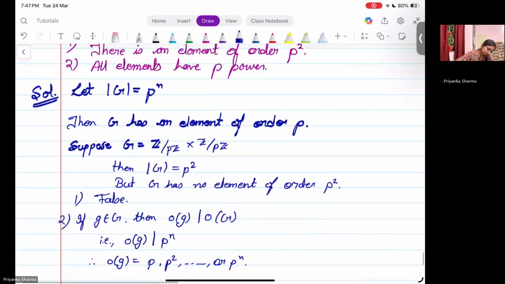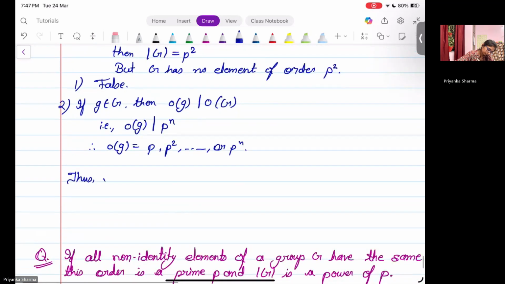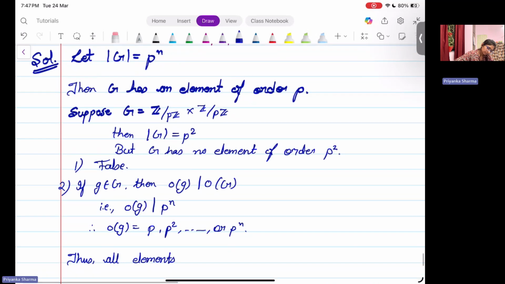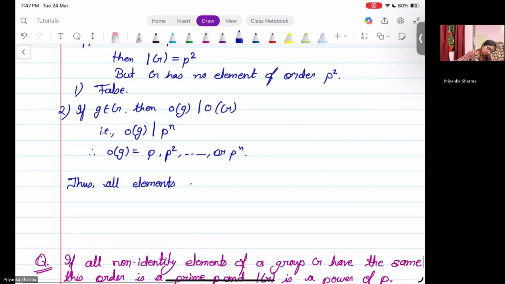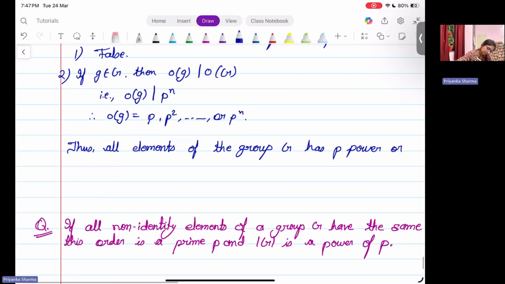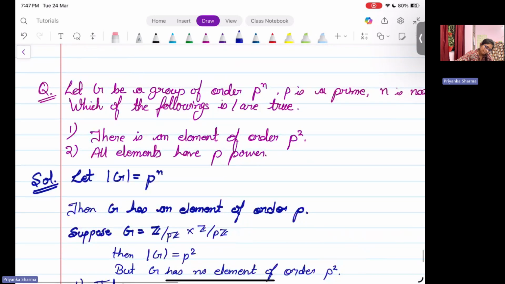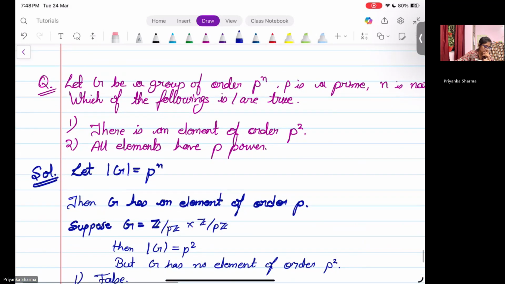Thus, all elements of the group G have P power. Or we can say, I'd like to say, all non-identity.